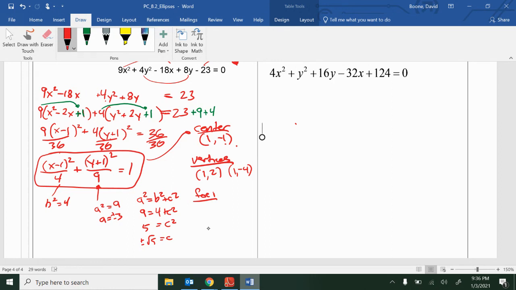So for the foci, we're going to add and subtract square root of 5 to that negative 1. So that is 1, and then negative 1 plus square root of 5, and then negative 1 minus the square root of 5 would be the other one. So there's all the answers there.